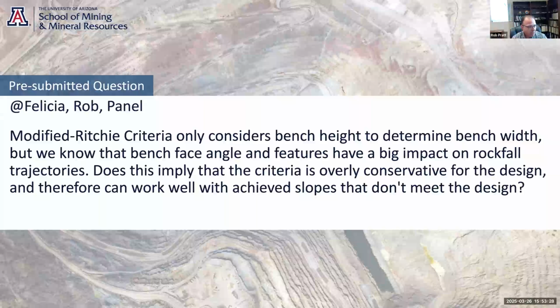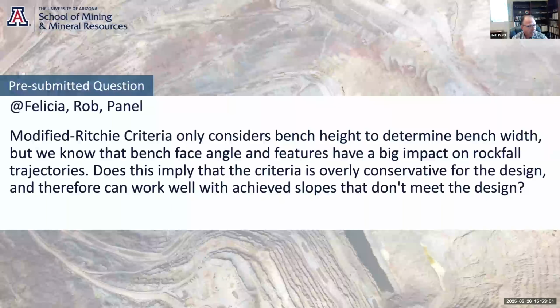Ultimately, the question is, what should our criteria be when it comes to bench scale design? And this modified Ritchie criteria, which Felicia explains the history behind very well, is a tool for trying to achieve some criteria.